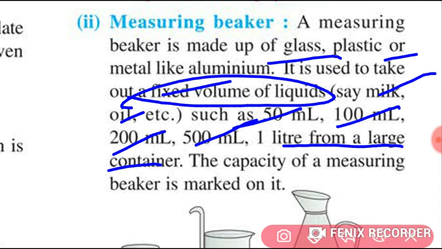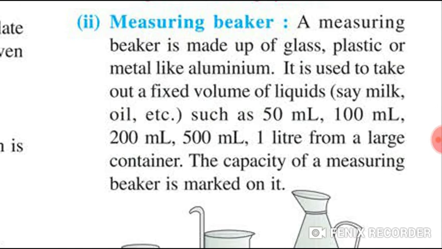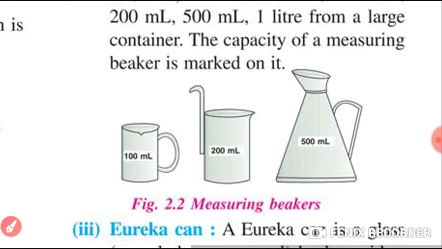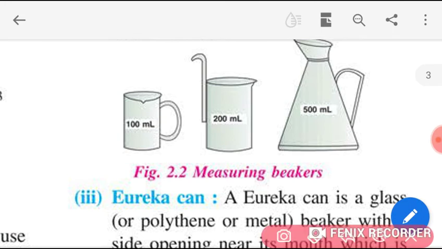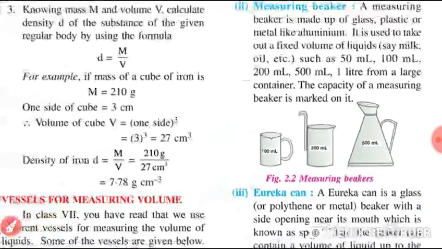The capacity of a measuring beaker is marked on it. Like if it is of 200 ml, then 200 is written on it, 500, like this.